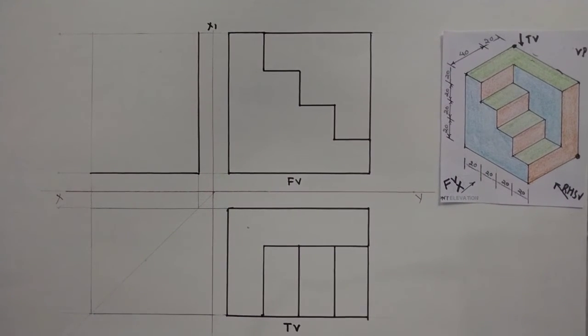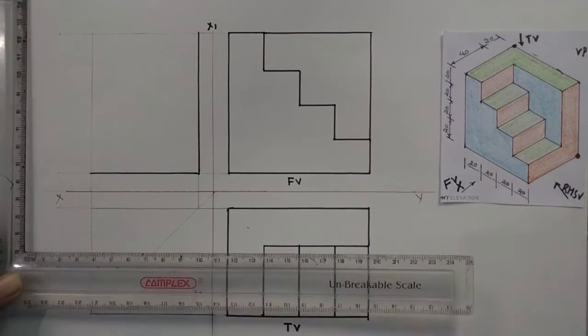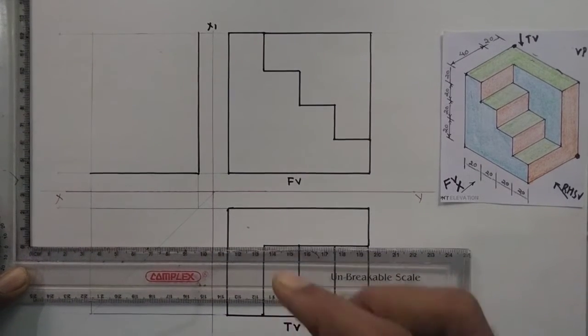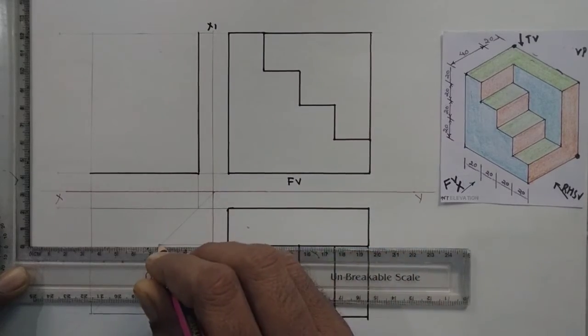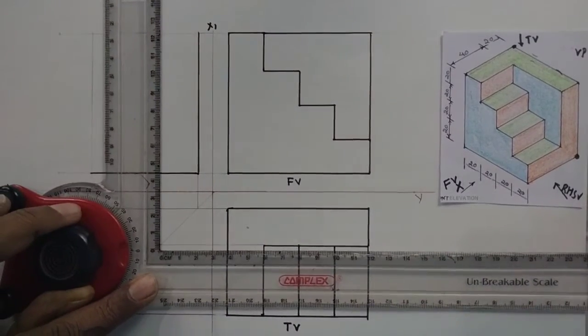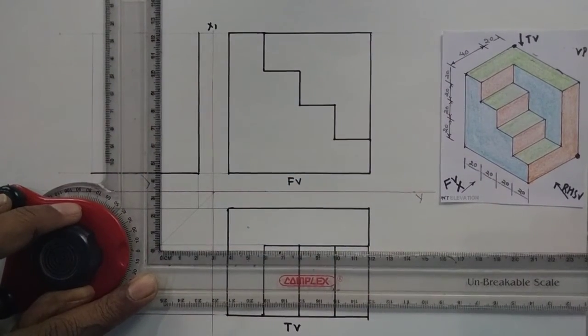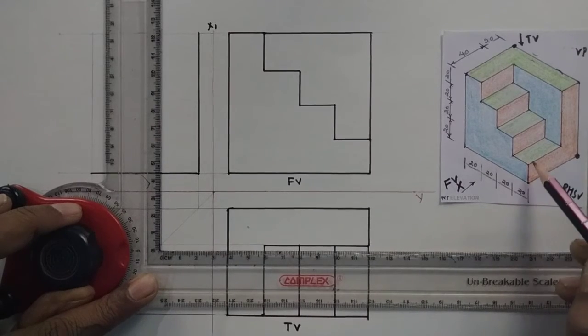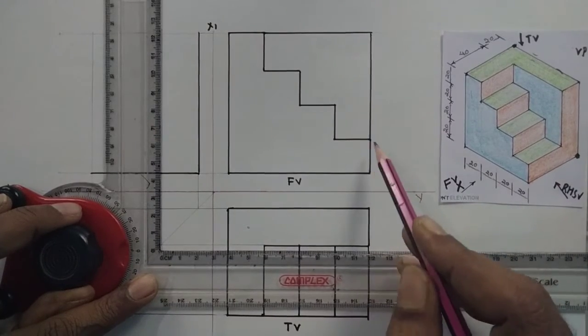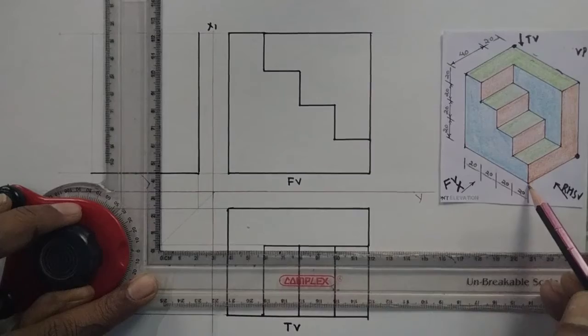Either you can collect the projection from your plan. So what I do, I collect the projection from the top view. Then I move vertically. I know the height. This is a 20 mm height. It is already here, the elevation of this line is here.